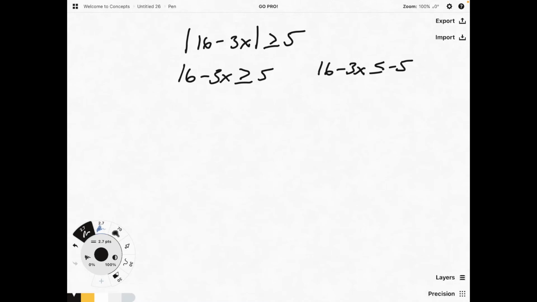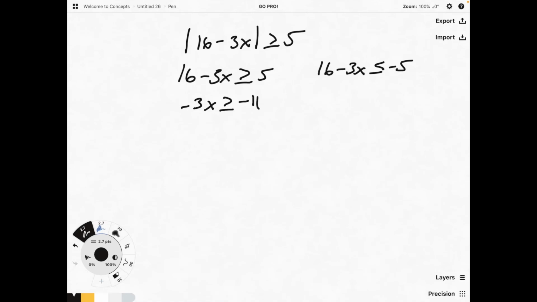Recall, we have to take into account the negative and the positives because we're looking at the magnitude, or the distance away from 0, and not necessarily which side of the number line that this falls on. When solving these equations, we have to move the 16 to one side, so we get negative 3x, which is less than or equal to negative 11.